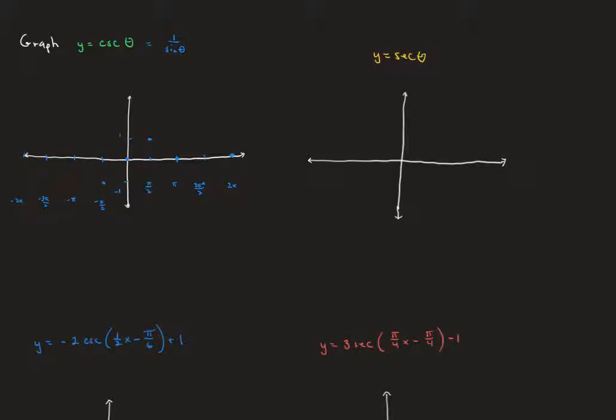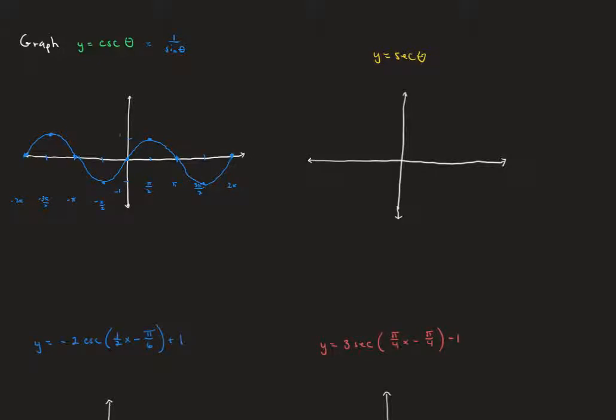Now some people will just graph these points when they're graphing the cosecant. Others will make this a dotted curve. Because I have different colors, I'm going to put this one in blue, and we're going to see how we're going to use this curve in a moment to come up with our cosecant graph. So there's 2 full periods of the sine curve.